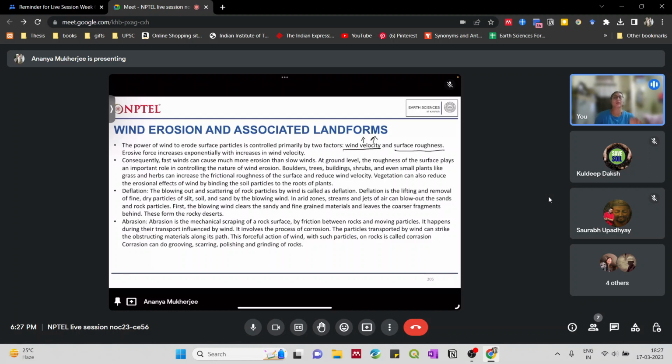One of the important ways that winds erode is called deflation. So what is deflation? Deflation is the lifting and removal of fine dry particles of silt, soil and sand by the blowing wind. The area has sediments and fragments of rocks and outcrops of all different sizes.